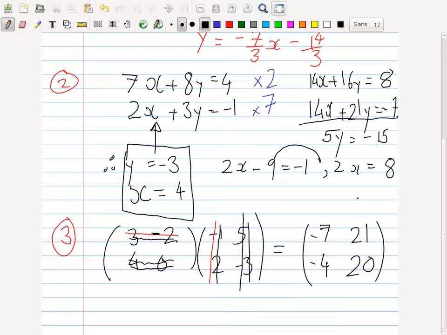Yes, Leslie? I got a little problem here. What, with this one? Yeah. I don't know why it's wrong. Why yours is wrong? Three times minus 1 minus 2 times 2.